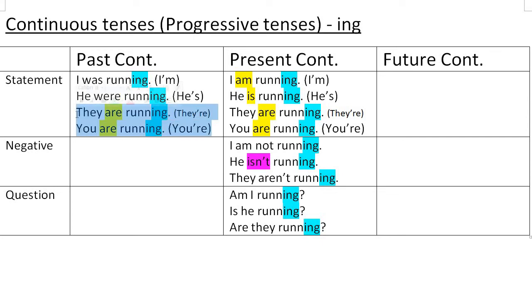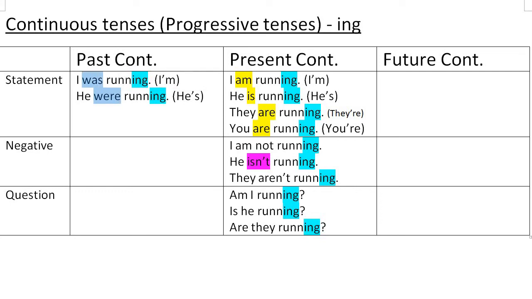And that's pretty much it, right? So it's actually easier than present continuous because you only have the two auxiliary verbs, was and were, right? And again, when you have these, it's still the same ing.